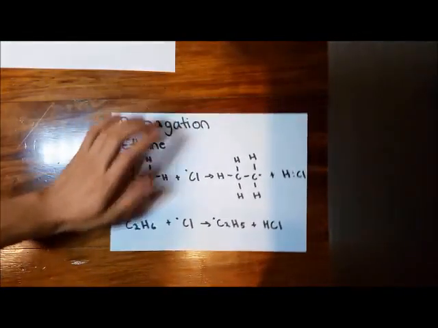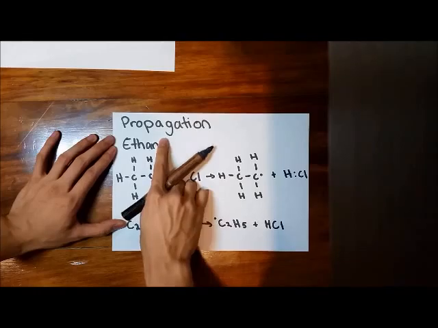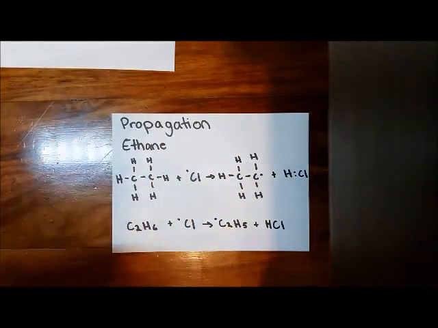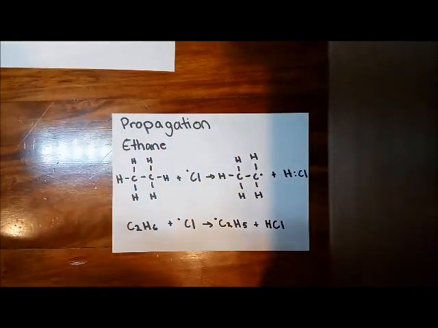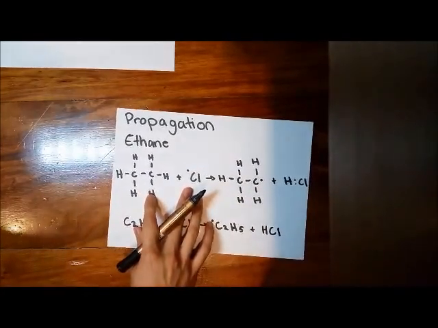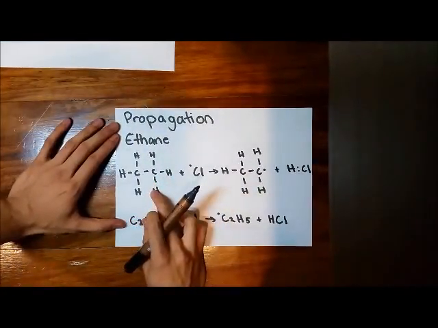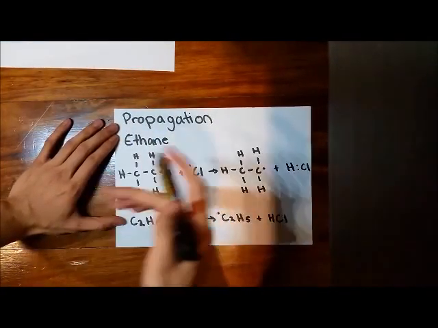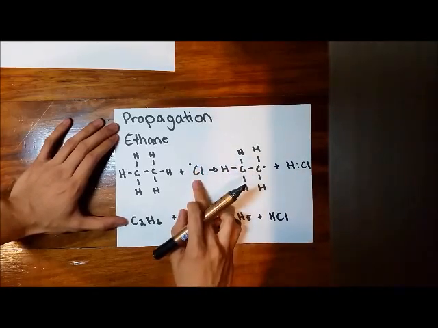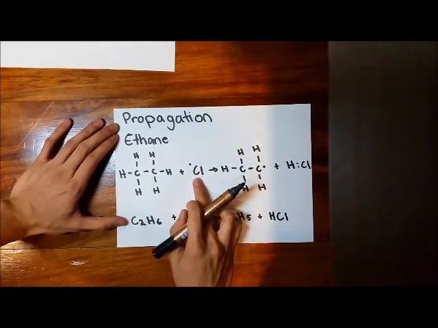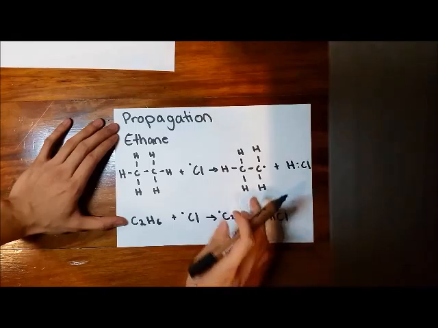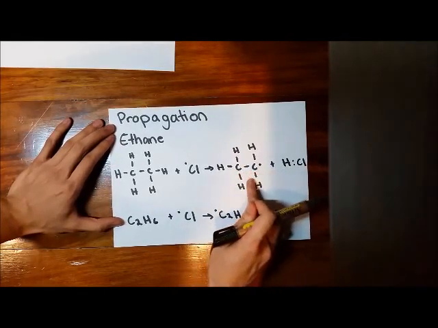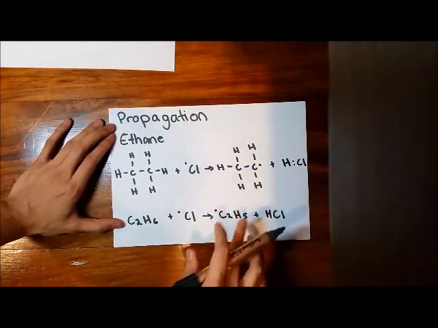So what's the next step? The next thing that happens is what's known as a propagation reaction. What happens in this propagation reaction is that we start off with ethane. The chlorine free radicals react with ethane, which produces what's known as an ethyl radical.